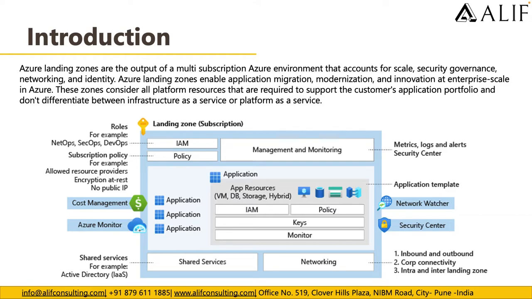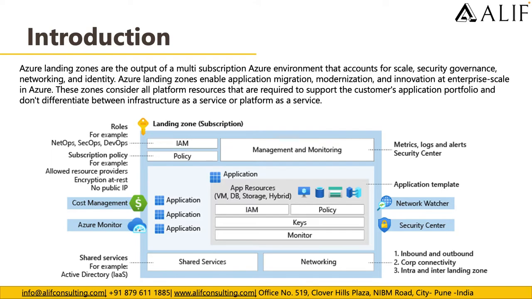It will act as a shared subscription, which will have shared services, network security, networking components, management and monitoring components, security and things like that. And from there it will connect to the other subscriptions as a spoke, providing the services to the rest of the applications. Another thing with the landing zone is that it is one entry point for all your subscriptions.